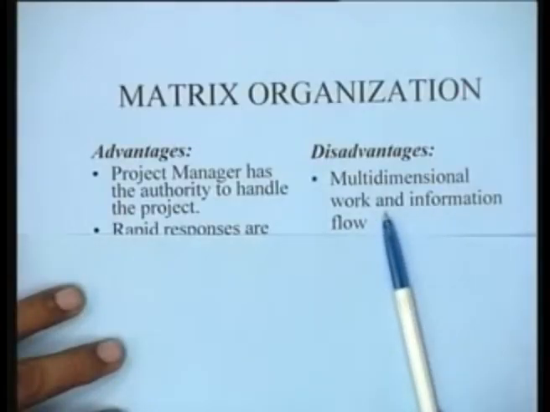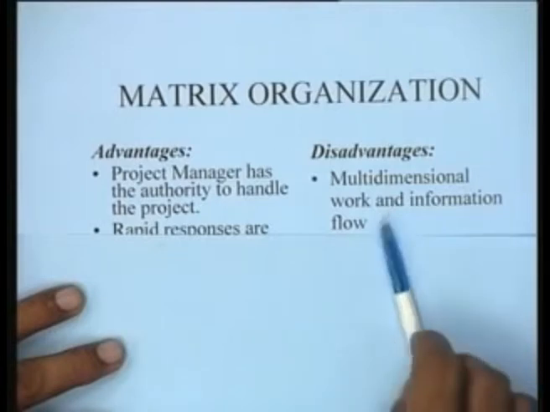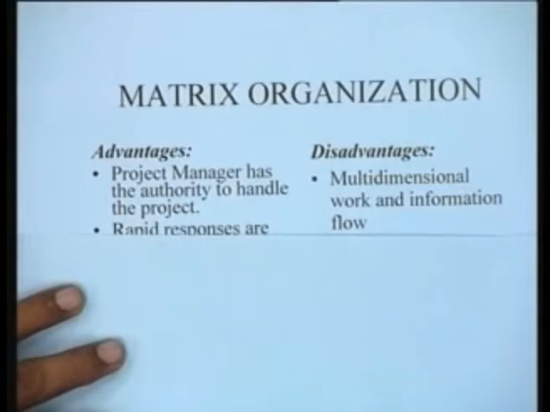So, he has to work on this project half the time, that project half the time. So, it is multi-dimensional work rather than working exclusively on one project. And also the information flow is complicated because one information flow comes from project manager 1, the second comes from project manager 2, and these are demands on his time and on the resources which are limited.